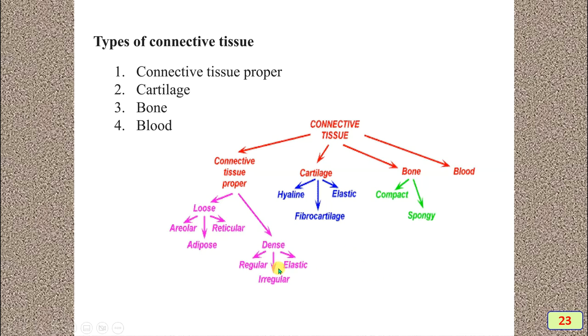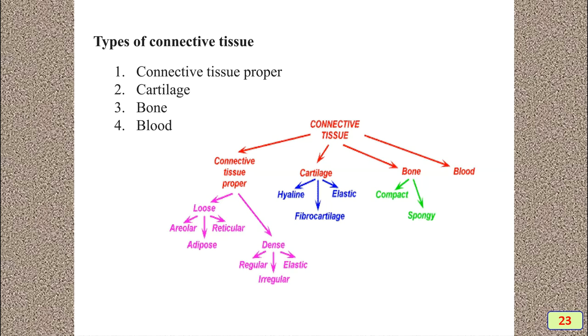The dense connective tissues are regular in shape, with a lot of elasticity, whereas sometimes they are also irregular in shape. Then the bone is also a connective tissue, having both compact and spongy types.